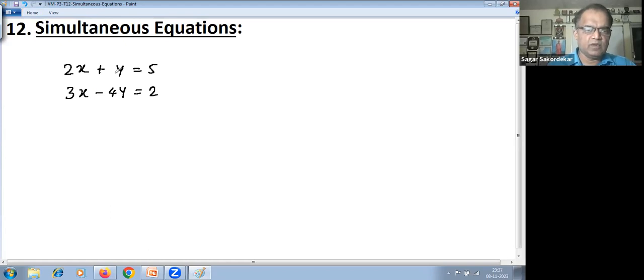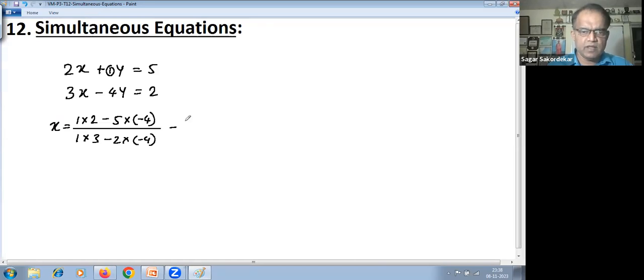So take the coefficient, and this I'll put as 1 so that it is easy to write the expression. 1 into 2 minus 5 into minus 4. So the coefficient of y here is minus 4. Upon, start from the same point, 1 into 3 minus 2 into minus 4. 1 into 3, 2 into minus 4. So simplify that.